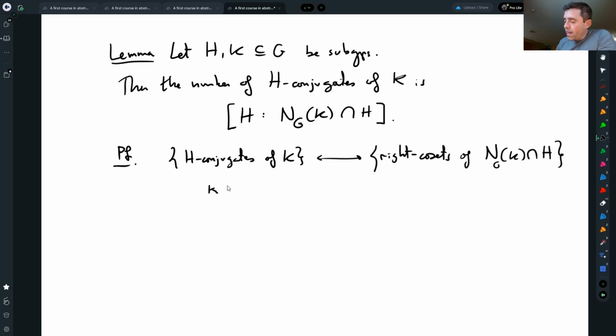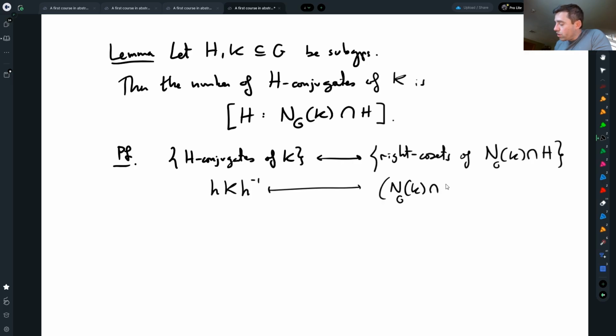If I have a conjugate, any conjugate is going to look like h K h inverse, and that conjugate is going to go to the coset, the right coset by that h, of N(K) intersect H.